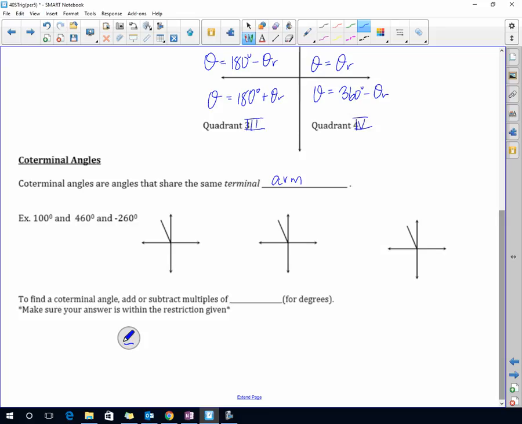Yes, so it has to do with, say for instance, say I know sine of 20 degrees is blah, blah, blah. I also would then know that sine of 160 degrees would be the same blah, blah, blah. Sine of 200 degrees would now be negative blah, blah, blah. The same thing, but the sign changed. Why?